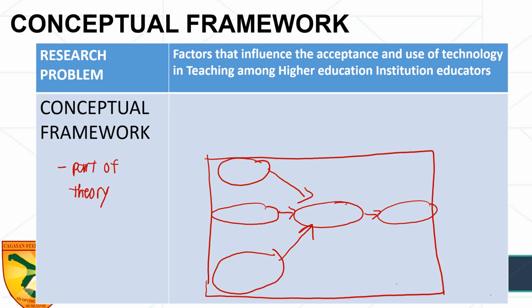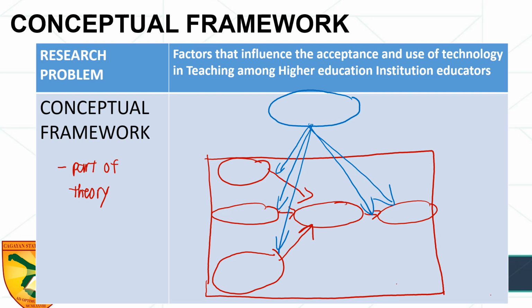So you can take only this part of a theory and then add your concept or a variable from your study and link it with the theory. So that is also an example of a conceptual framework.